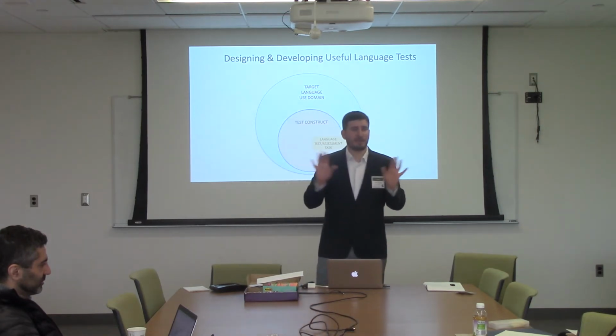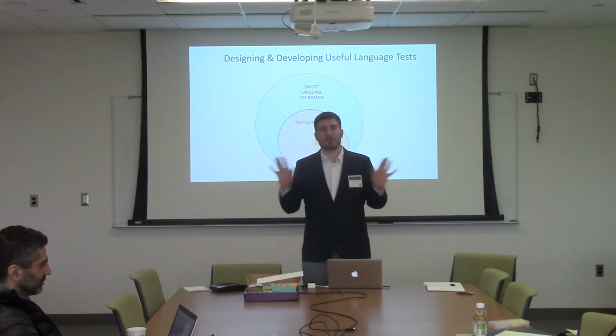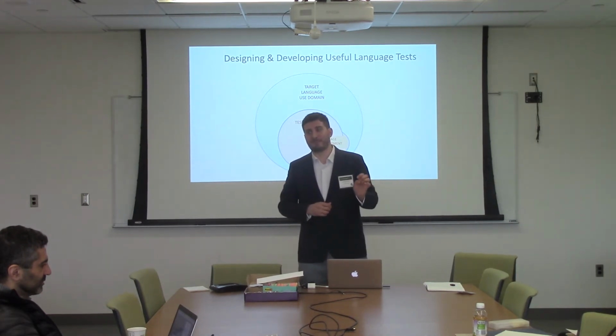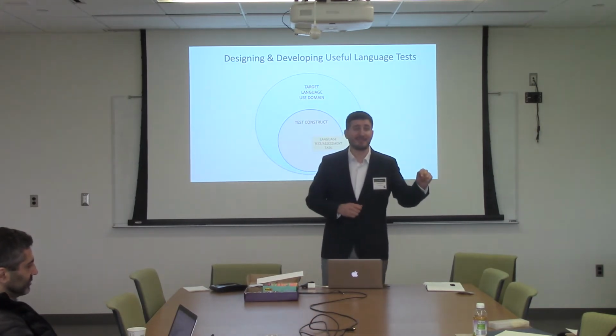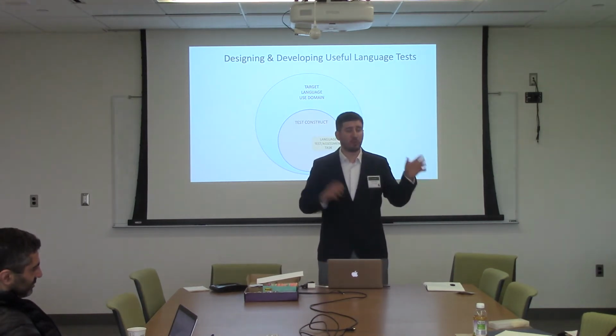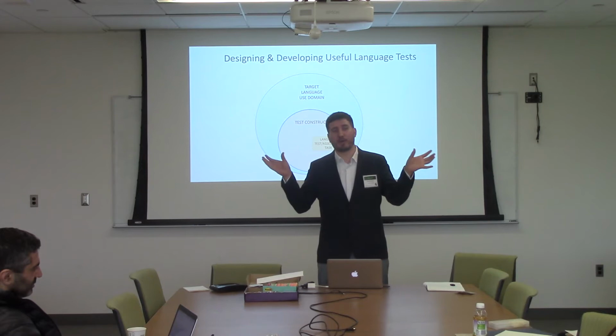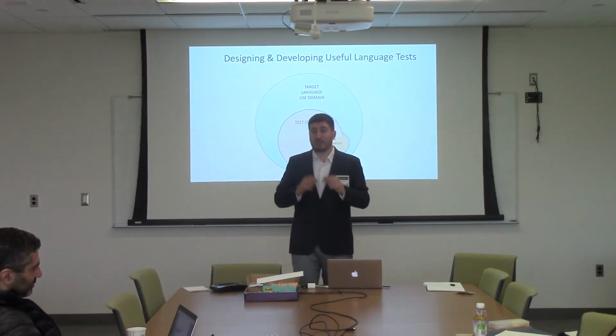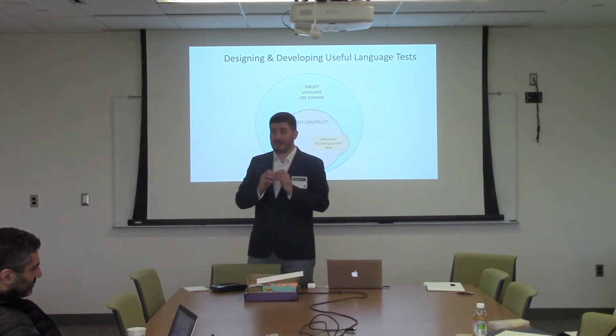Which one gives you more confidence about the claim you're making? You're making the same claim. You're saying this student can ask questions in the target context in this language. So which format gives you more evidence? The second one. Okay, that's why, when we're talking about aligning, we're talking about this thinking.